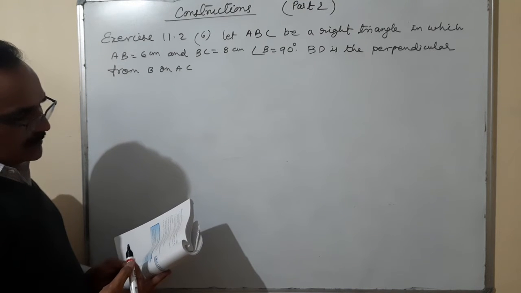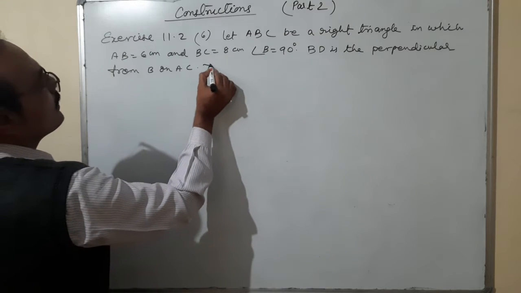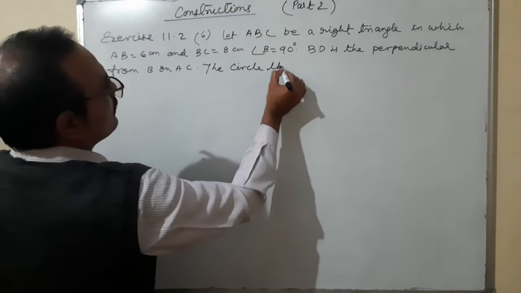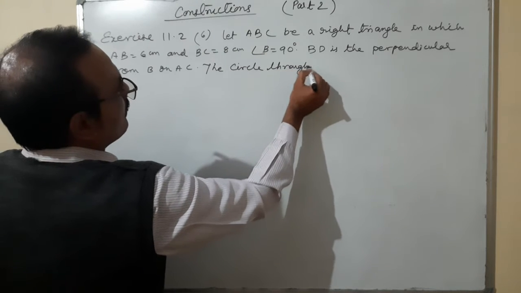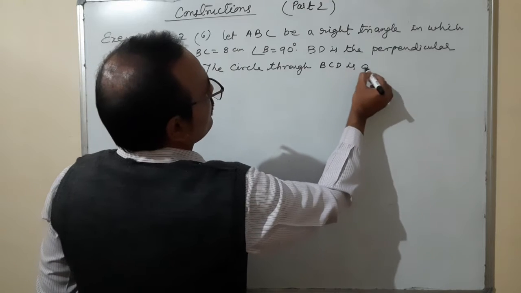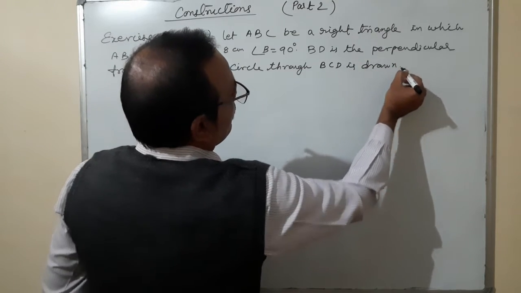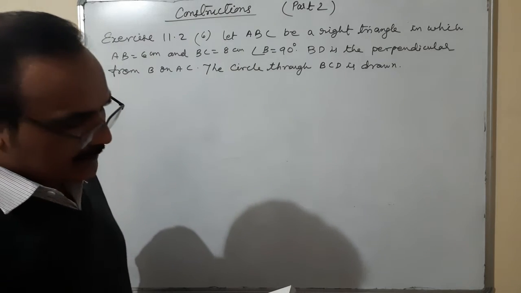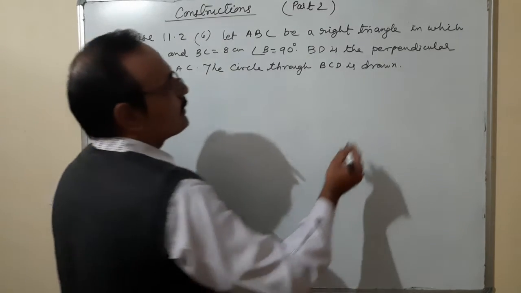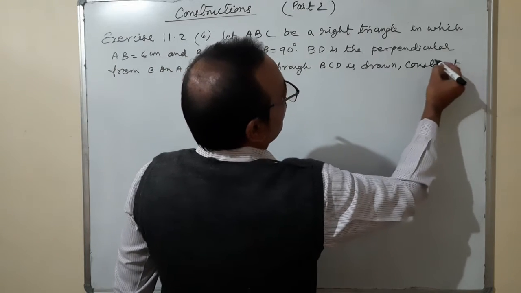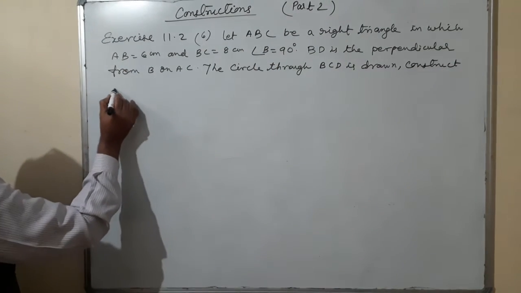The circle through B, C, D is drawn. Okay.